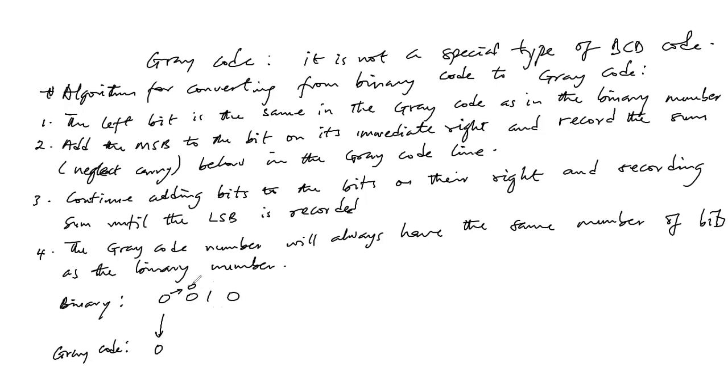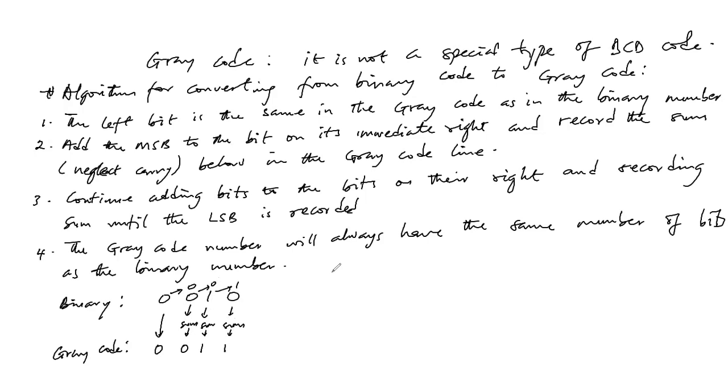So 0 plus 0, we get the sum, it's still 0. So we move these bits this way. 0 plus 1, we get the sum, 0 plus 1 is 1, right? Then we move this 1 to this position. 1 plus 0 is 1. So that is the gray code.